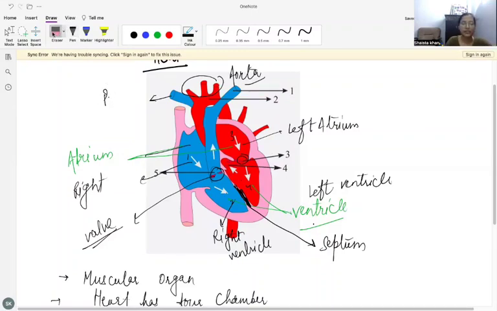It's basically the vena cava, the upper vena cava or superior vena cava. This one is your inferior vena cava.